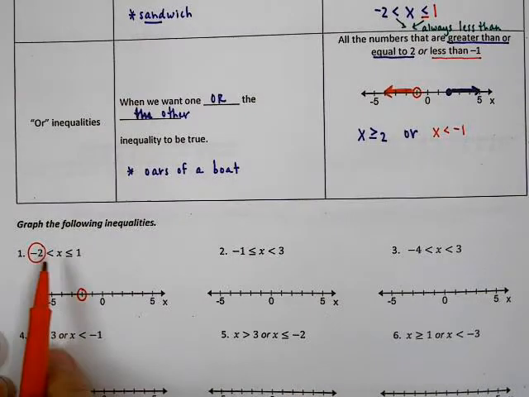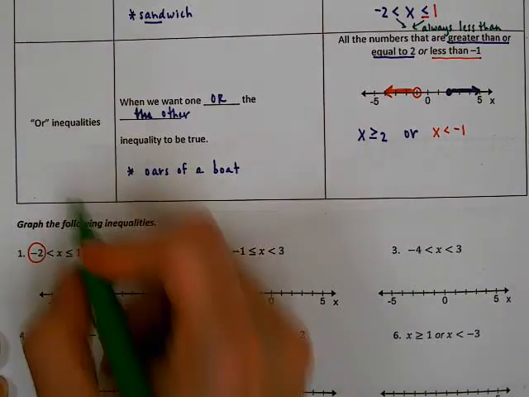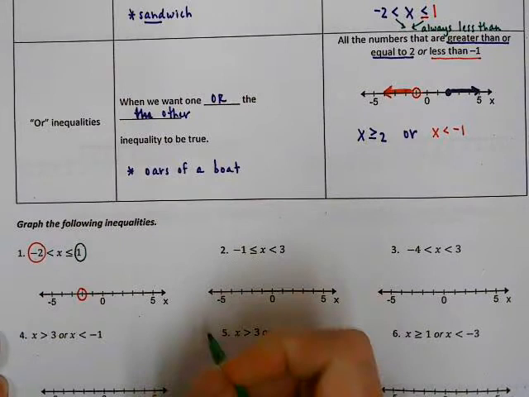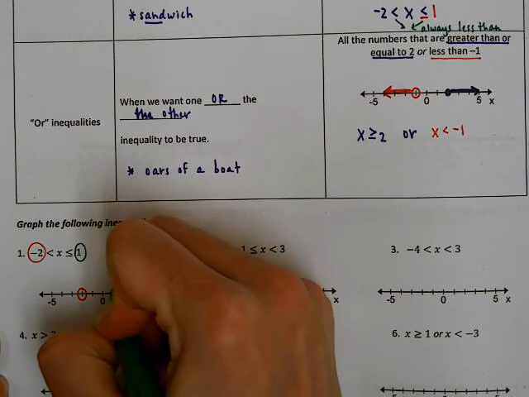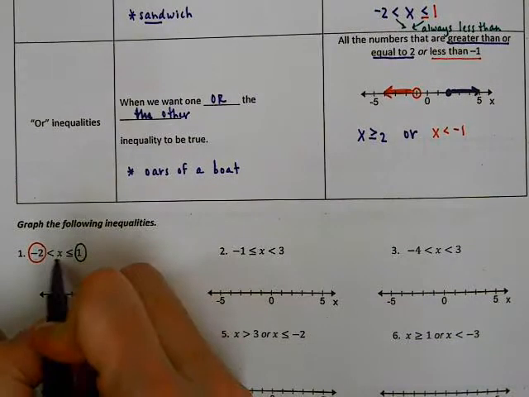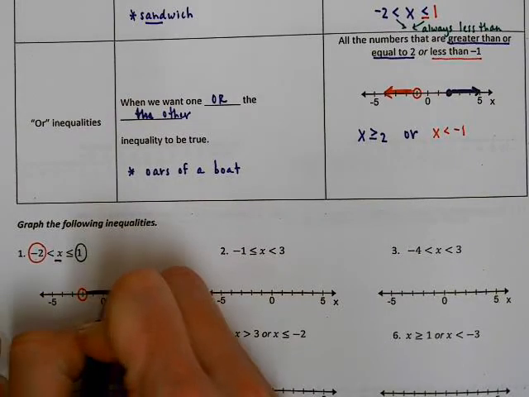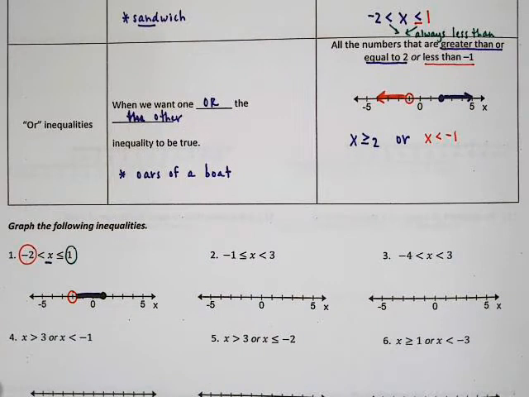And I know it's open because there's no bar underneath here. On this side, I've got +1. And since it says less than or equal to, I'm going to have a closed circle here. And just like this x is sandwiched in between, I'm going to shade everything in between those two values. And that would be the graph of my inequality.